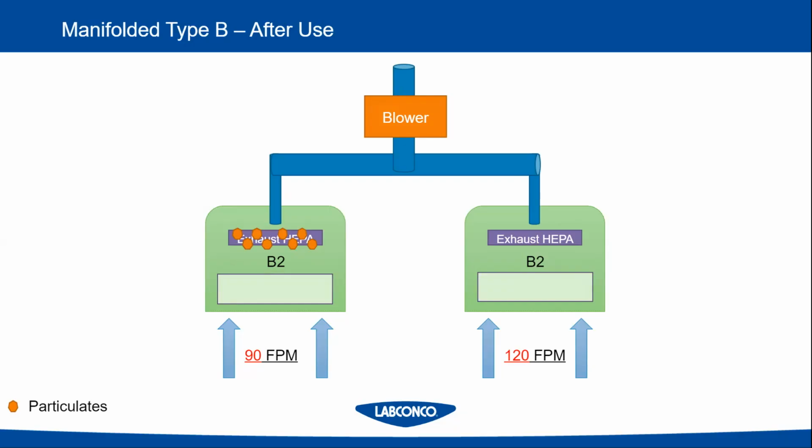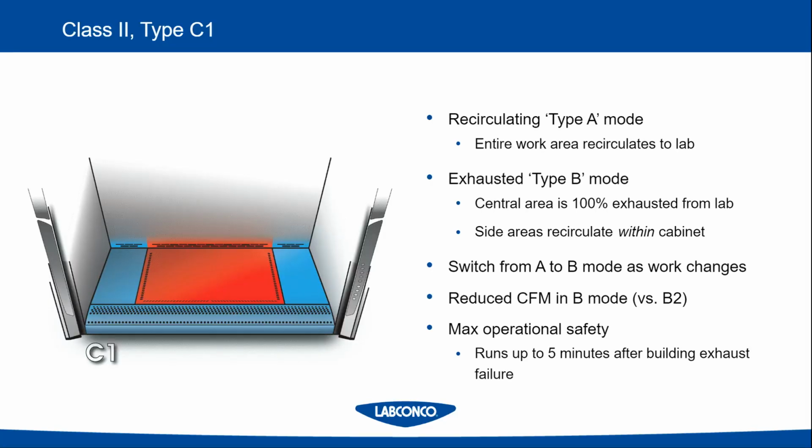But there's a solution to the type B problems, and that's a type C1 biosafety cabinet. And I like to call these a hybrid biosafety cabinet. That's because there is a portion of the work area in red here in the center which is completely exhausted, and there are portions of the work area that are recirculating. And the type C1 can actually switch back and forth.